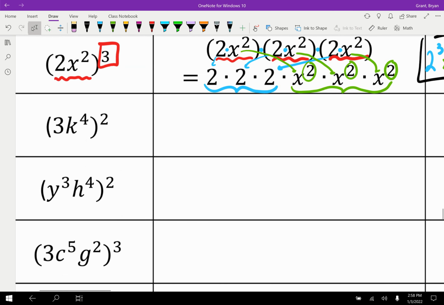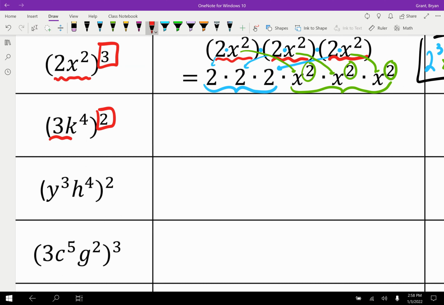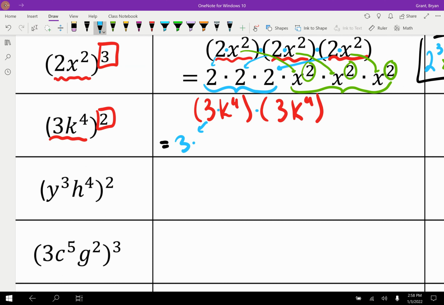All right, I'll do the same thing here. So 3k to the 4th squared means we have 2 of these 3k to the 4ths. But then we can split this apart because we have a 3 that's out front and another 3 that's out front.